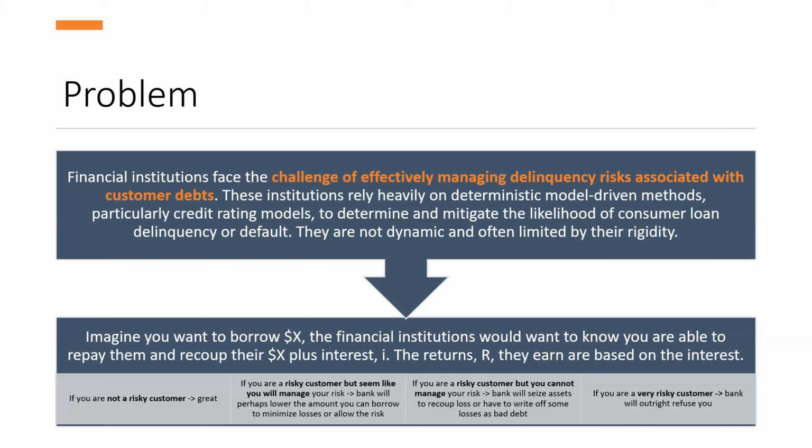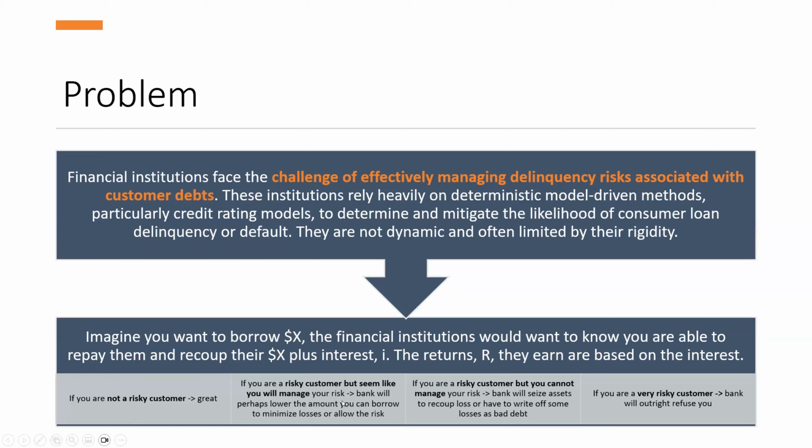So to put that in context, imagine you want to borrow some money from a financial institution. They would mainly want to know that you can repay them and recoup their money plus interest. And the returns that they would earn would be based on this interest. So if you're not a risky customer, then great, you have no issue.